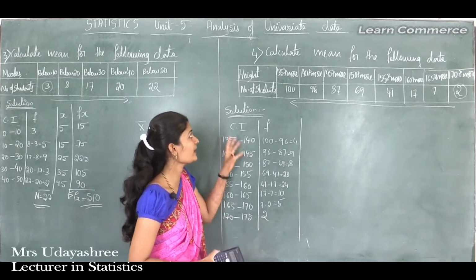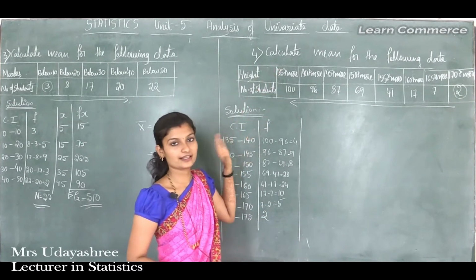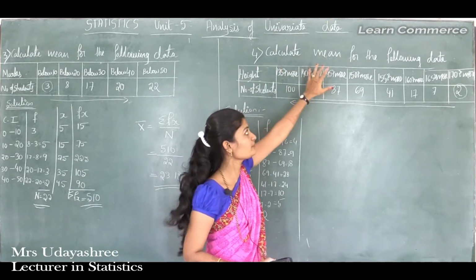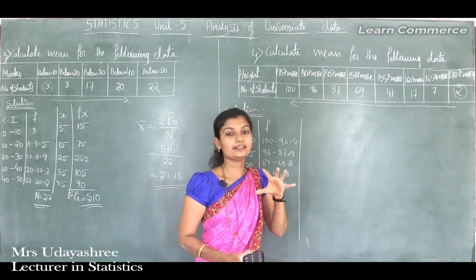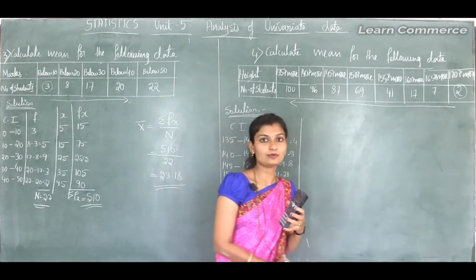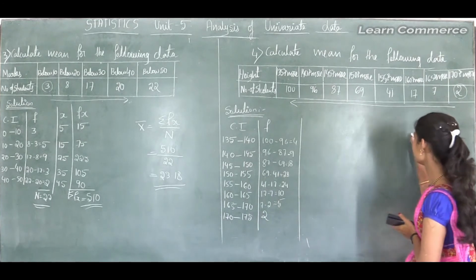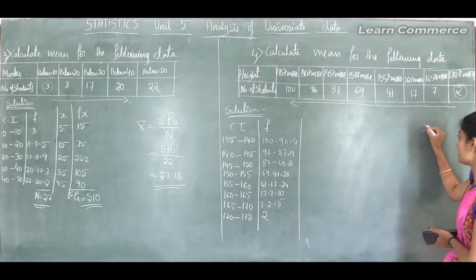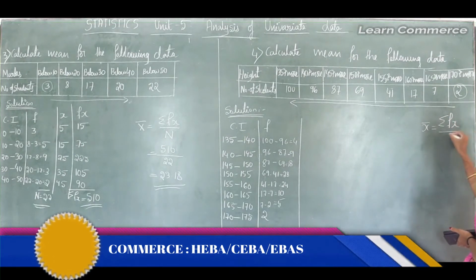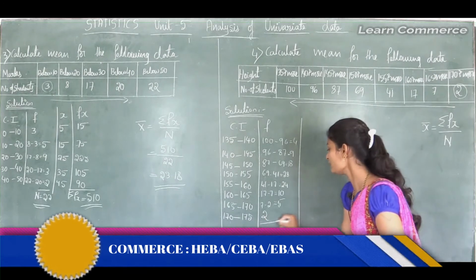So now we can calculate the mean for this continuous data. See, here they have given to calculate the mean for the following data and they didn't mention direct method or step deviation method. For easy calculation I will consider the direct method. So the direct method formula is x bar is equal to summation fx divided by capital N. Here capital N is nothing but the total frequency.